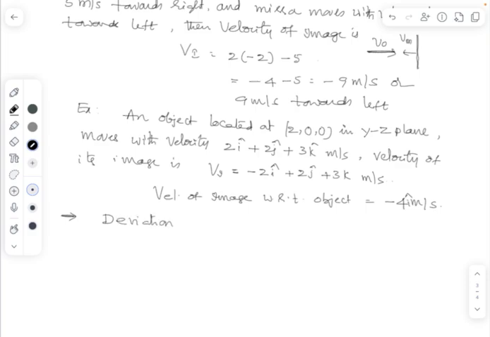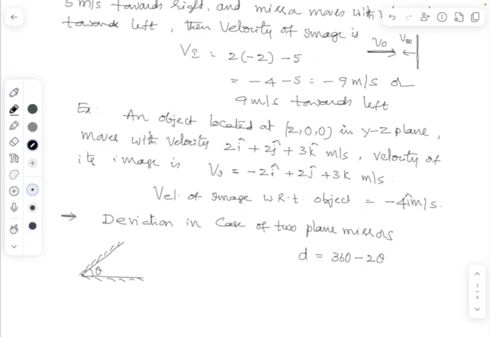Deviation in case of two plane mirrors. Two plane mirrors are inclined at an angle theta. Deviation D equal to 360 minus 2 theta.